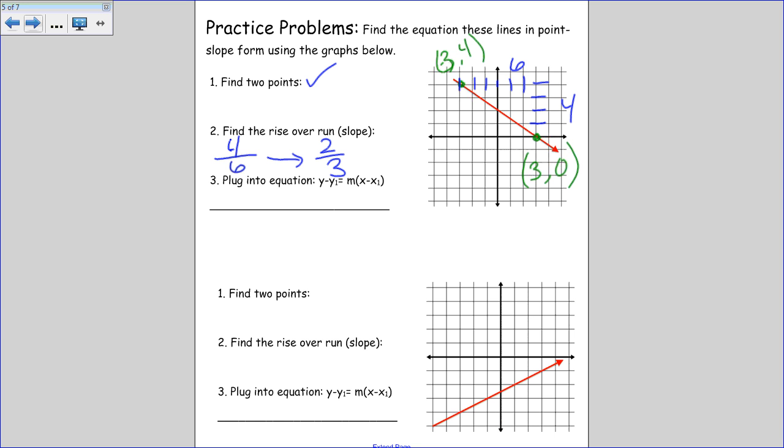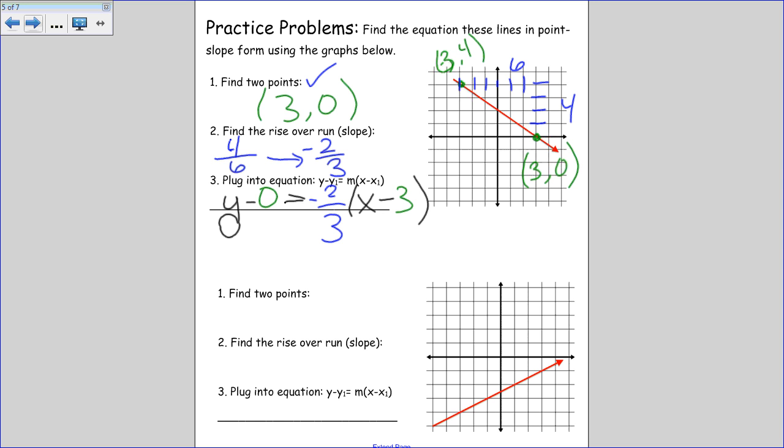Now let's think, is it positive or negative? Look at my line. It's going to be -2/3. Okay, now let's use one of my points and we'll plug them into the equation. This time let's use the point 3, comma 0. Okay, we can say y minus, well, our y1 here is 0, right? Equals our slope, which is -2/3, times x minus our x1, which is 3.